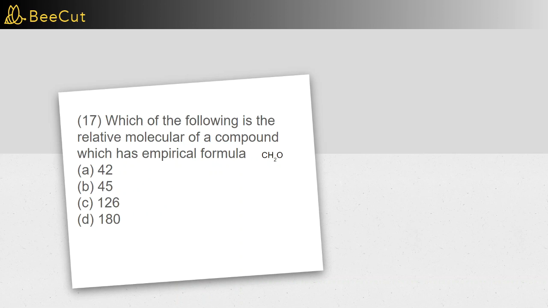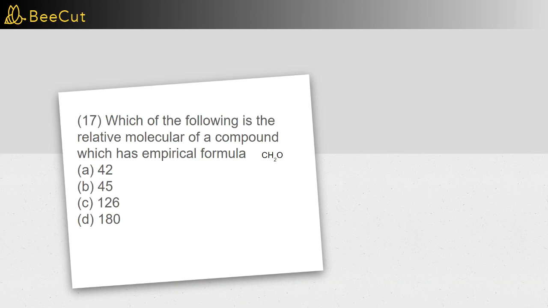For doing that, we are going to look for the molar mass, which is carbon has 12, hydrogen has 2 atoms, which is 1 multiplied by 2, plus oxygen, which is 16.